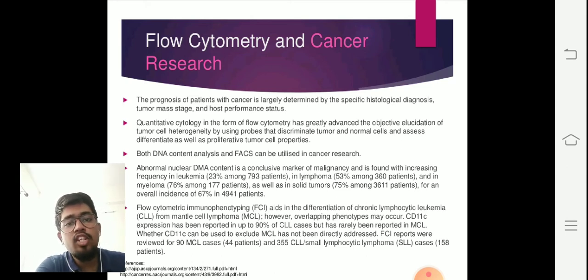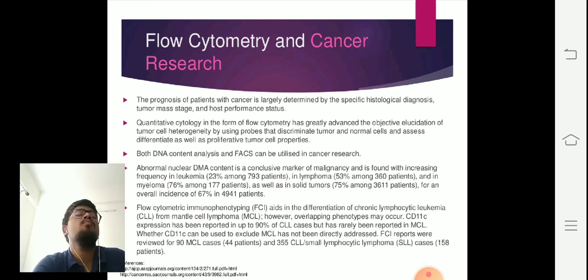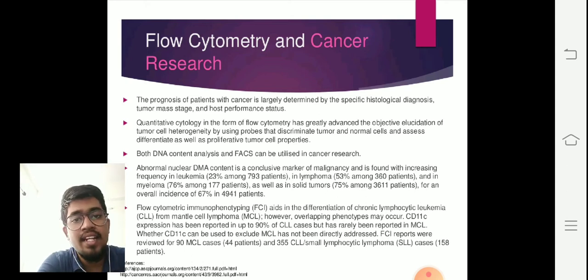So flow cytometric immunophenotyping is helping in differentiation of chronic lymphocytic leukemia, known as CLL, from mantle cell lymphoma, MCL. So how can we differentiate the status of tumor cells in chronic lymphocytic leukemia from mantle cell lymphoma?